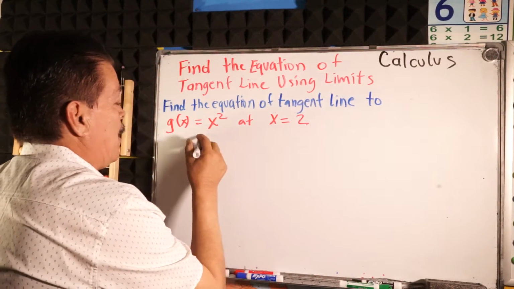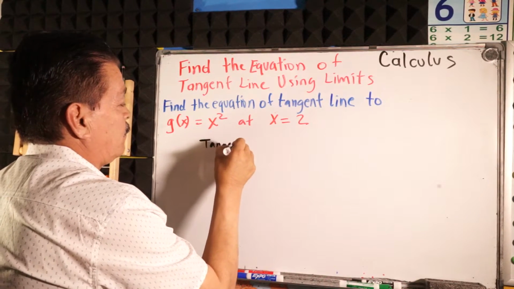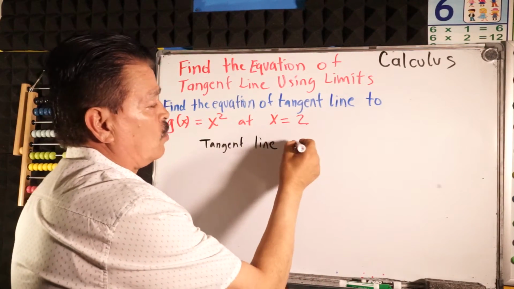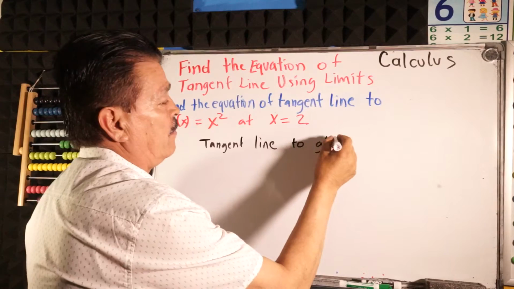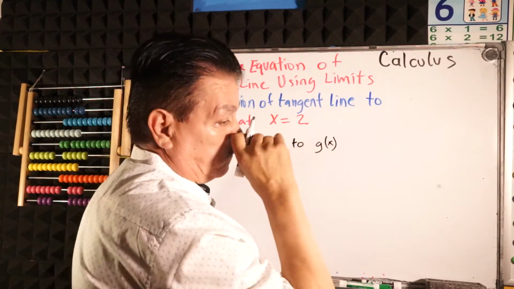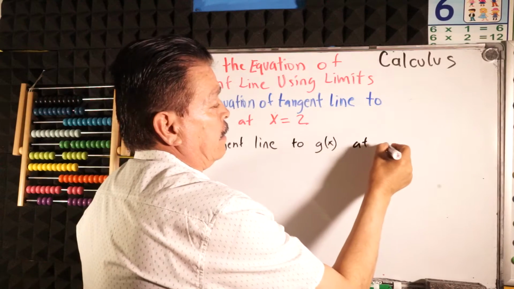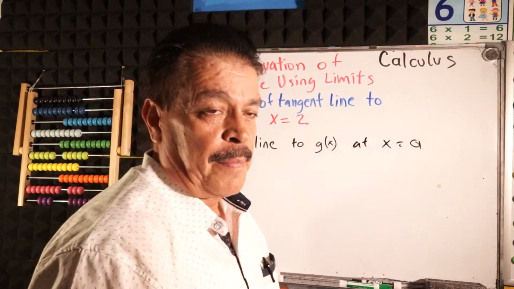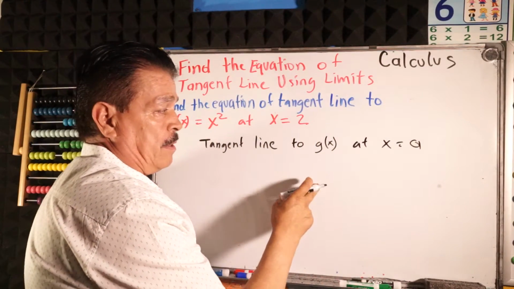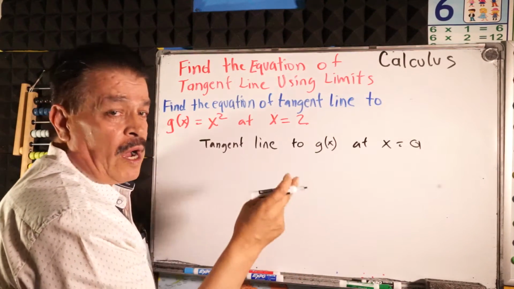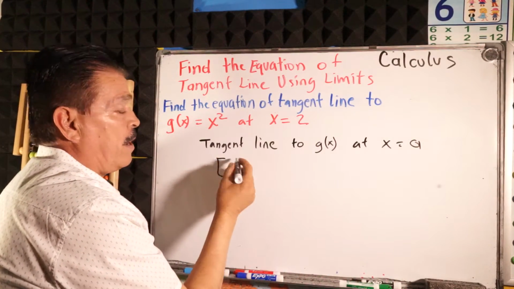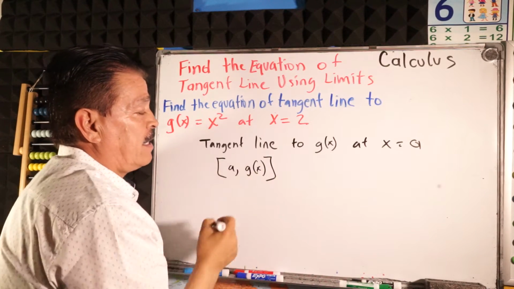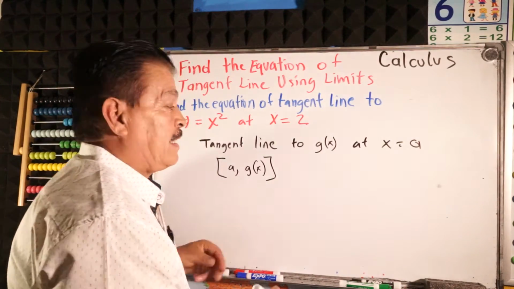So the tangent line to g of x at x equals a is a line which passes through this point a, g of a, and it has a slope.